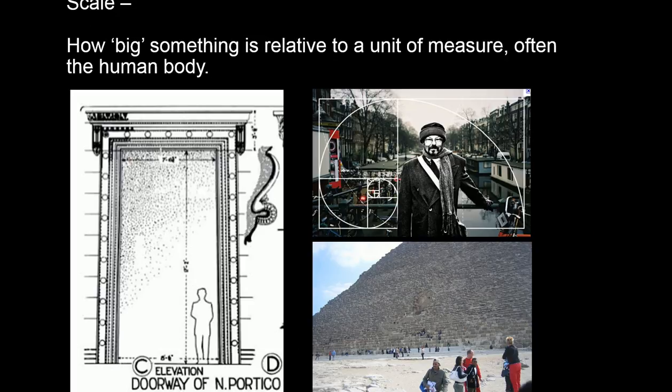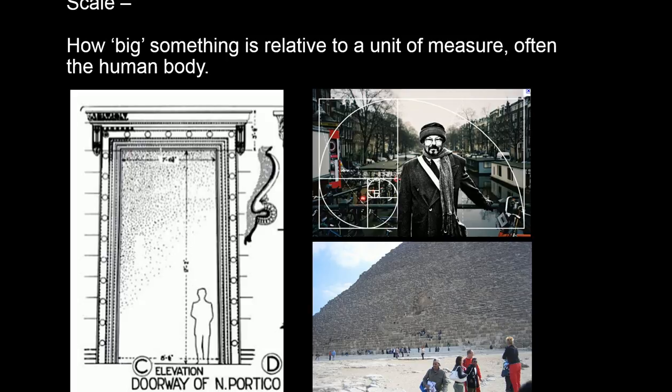scale. So scale becomes an important thing in understanding architecture. Sometimes when we walk up to something, we know that it's big because we're relating it to our human body, right? Up here you see an image of, I'm not sure who this gentleman is, but you've got the logarithmic spiral, okay, that has what they call the golden ratio.